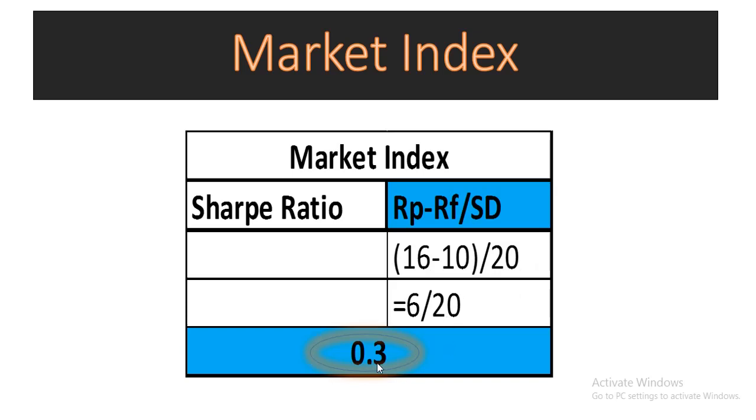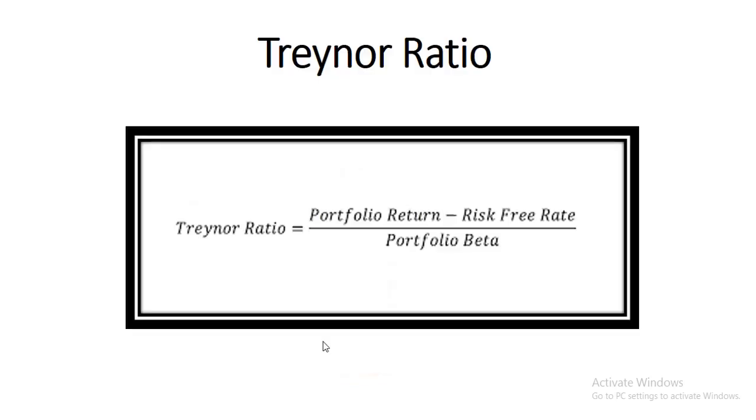So the Sharpe ratio of market is 0.3. This is Sharpe index. At the end we will write all this ratio and we compare with Sharpe rank, Jenson rank and Treynor rank, and then we will identify according to performance evaluation which mutual fund is better.